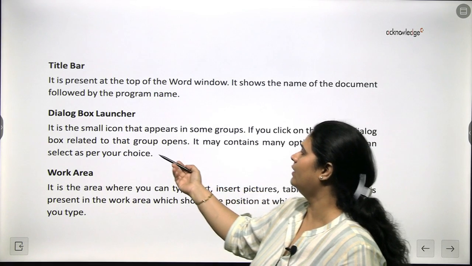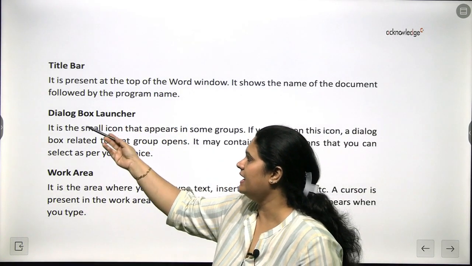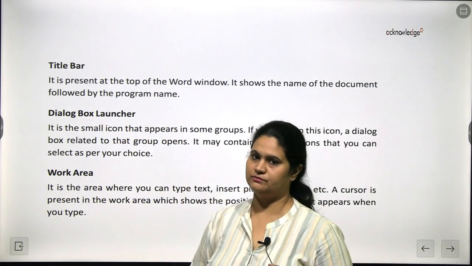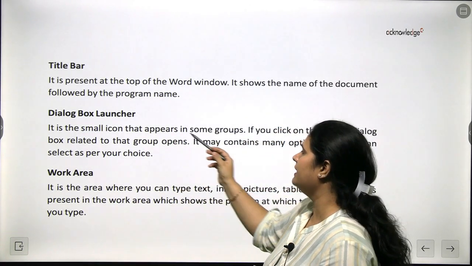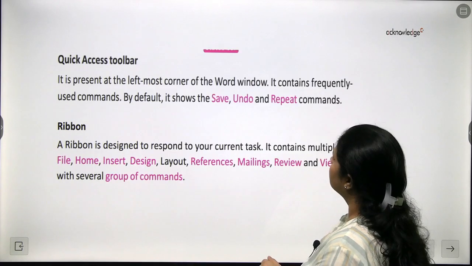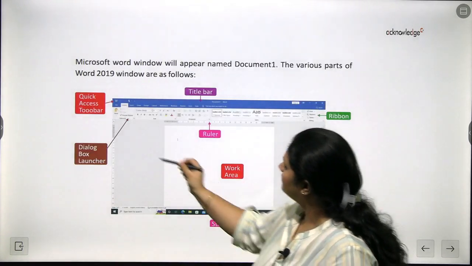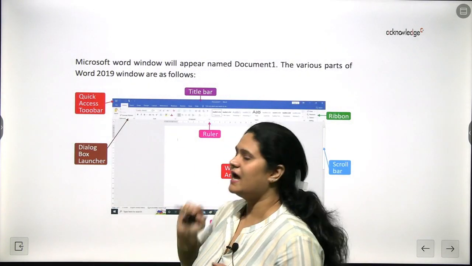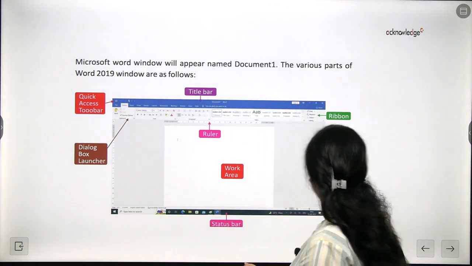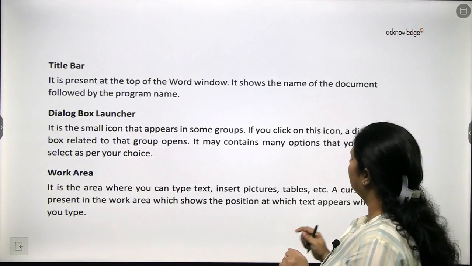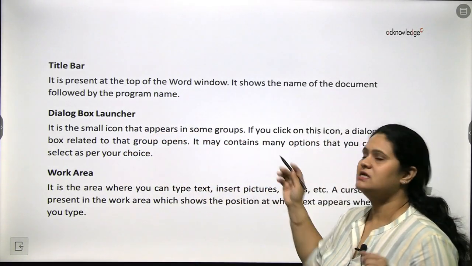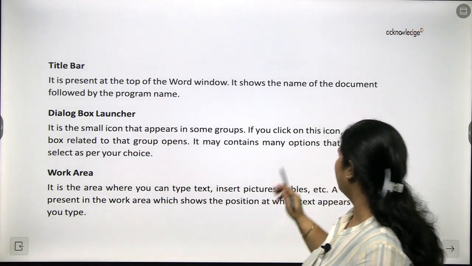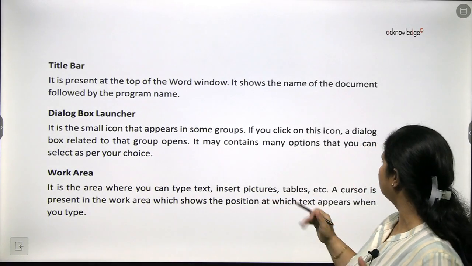Good. Now, let's see the dialog box launcher. What is this? It is the small icon that appears in some groups. Let's see. This is the dialog box launcher, right? If you click on this icon, what happens?